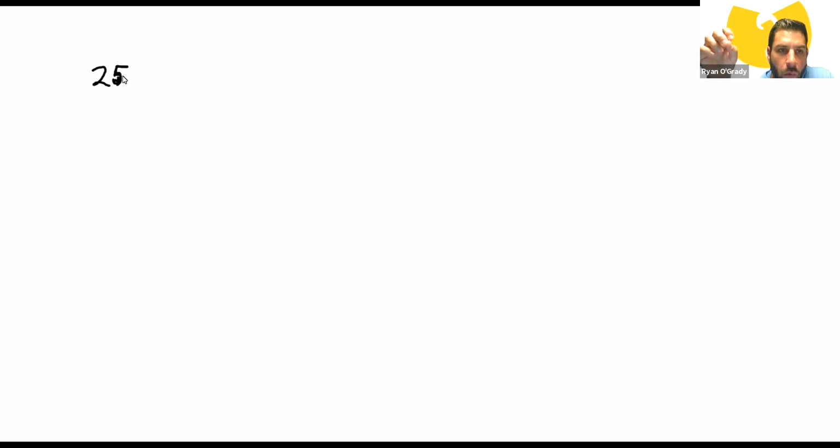So instead of using dots, I'd like to use a different notation. I would like to just divide by 2. If I take 25 and divide it by 2, I get 2 times 12 plus 1.